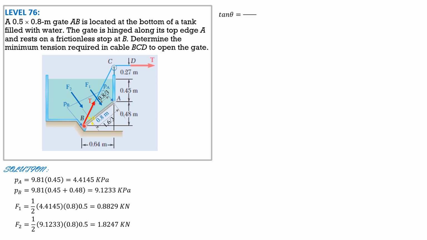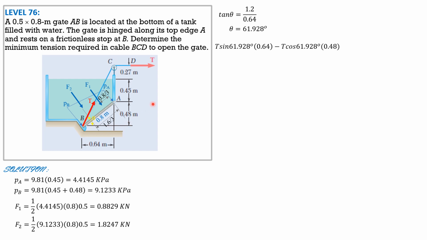Then tangent of theta is equal to 0.27 plus 0.45 plus 0.48, 1.2 divided by 0.64. So theta is equal to 61.928 degrees. Then we sum up moments about A equals 0. So T sine, clockwise positive, T sine 61.928 degrees. The moment arm is 0.64.